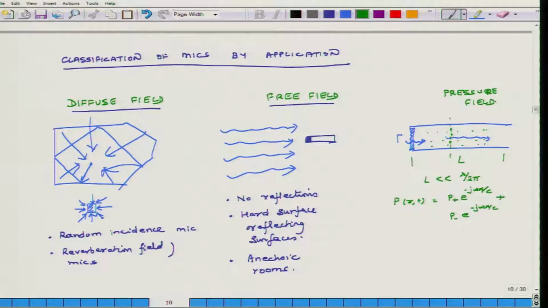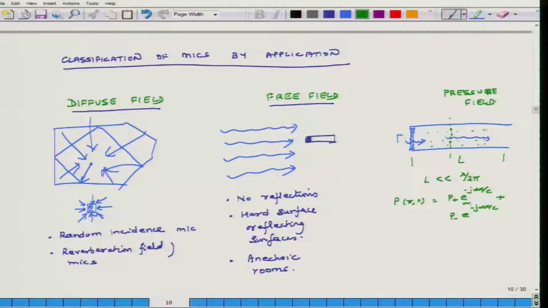If x is very small, which means the length of the tube is very small, then this term goes away, then the overall pressure in the tube will be approximately equal to P plus P minus, if the maximum value of x is very small, and that will happen only when the length of the tube is small. Okay. So, in such a case the pressure is uniform in the whole tube. So, now I want a microphone.